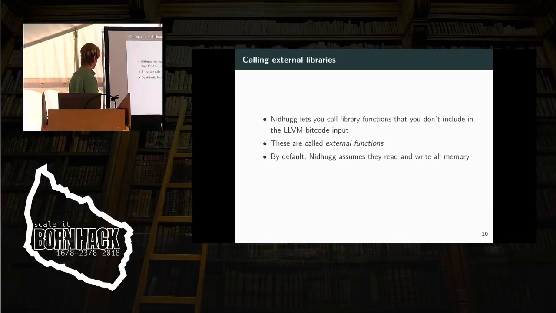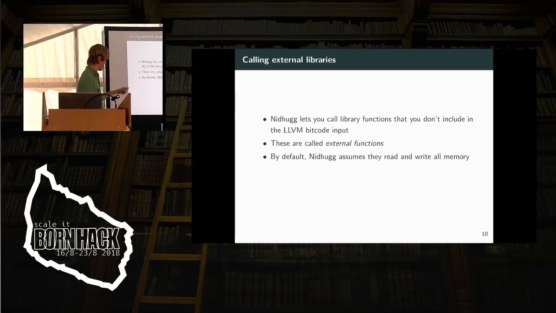Let me show you some other things that you might encounter. Say you have a program that is calling a library, and this library is not part of the files you are feeding to Nidhugg. In this case, Nidhugg will let you call these so-called external functions, but it will very pessimistically assume that these functions will go and touch all the memory you have, just to be safe that it doesn't miss some kind of strange behavior.